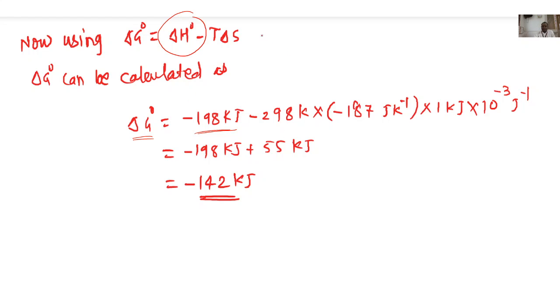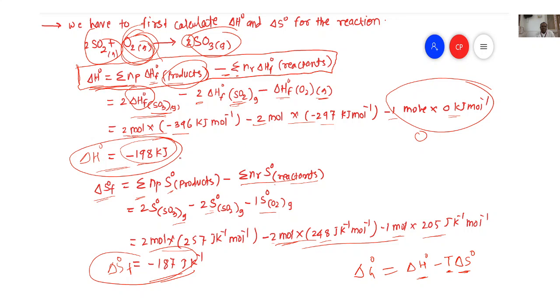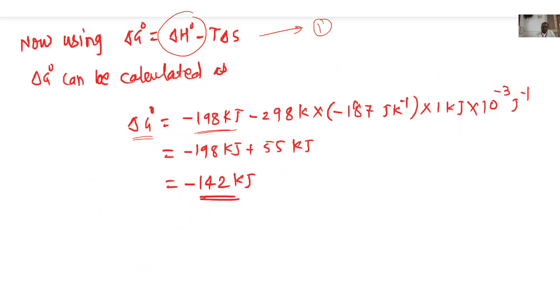Suppose this is equation number 1, and we are putting the values in equation number 1. Minus 198 is the delta H0, we have kept this value here. The temperature is given as 25 degrees centigrade, plus 273, that is equal to 298 degree Kelvin.